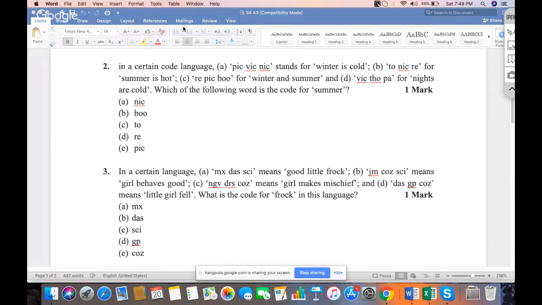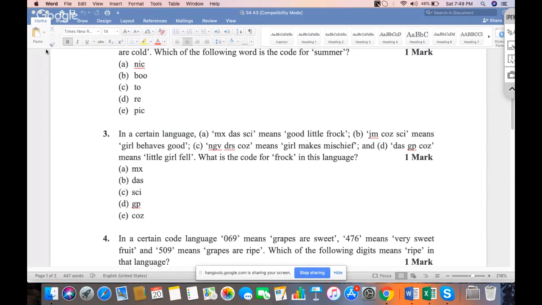Question 3. Question 3 also you have given me answer. A lot of you, MX is the right answer.